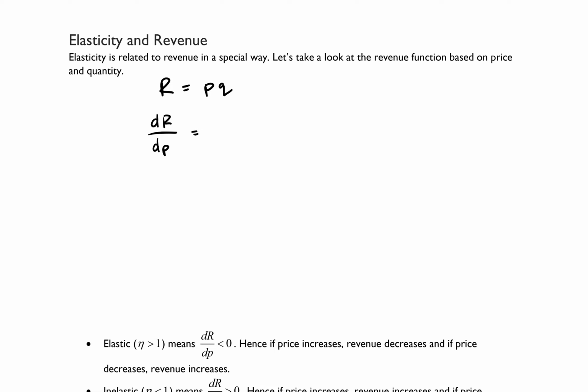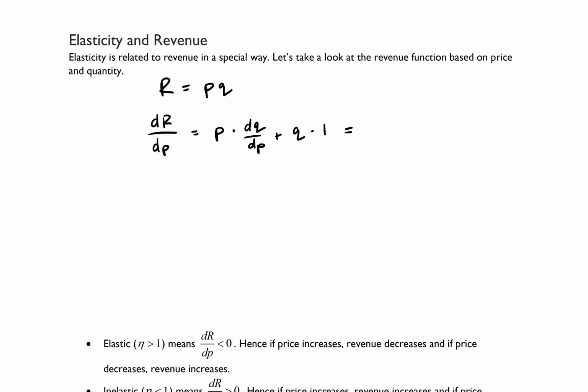But we have a function that has two variables, so we're going to need to use the product rule, and we're taking the derivative with respect to p. So we're going to have first times the derivative of the second, plus the second times the derivative of the first, which is 1.